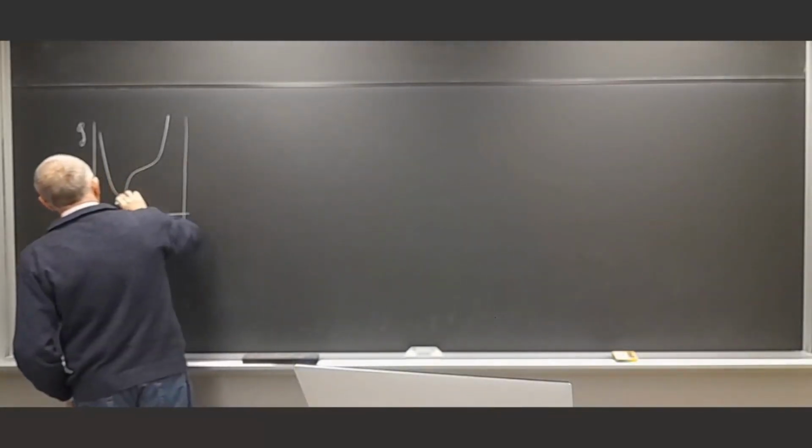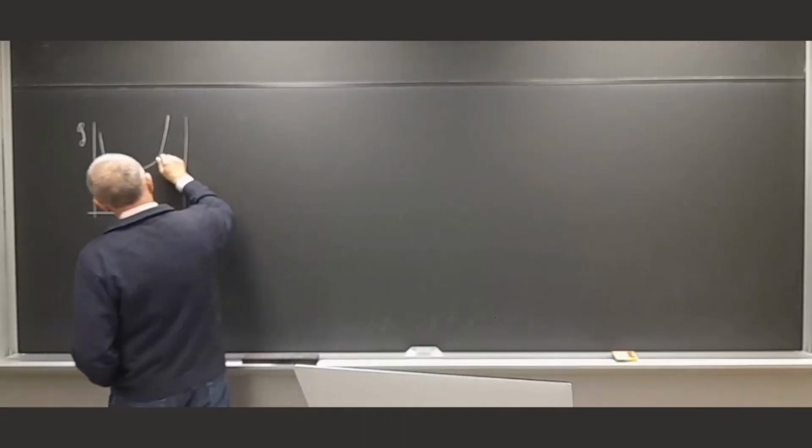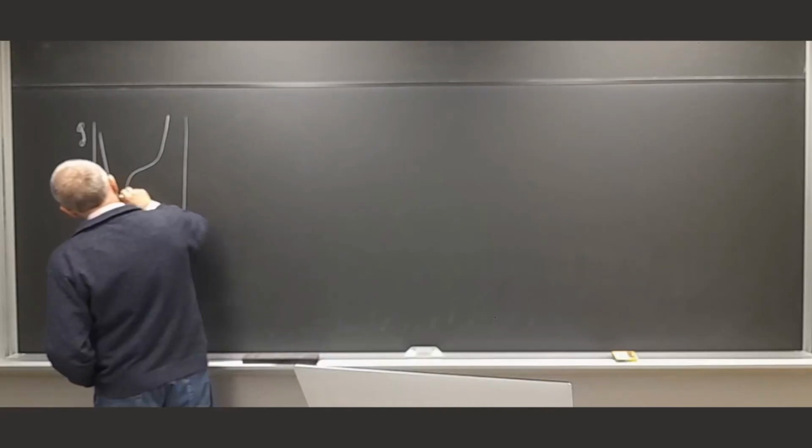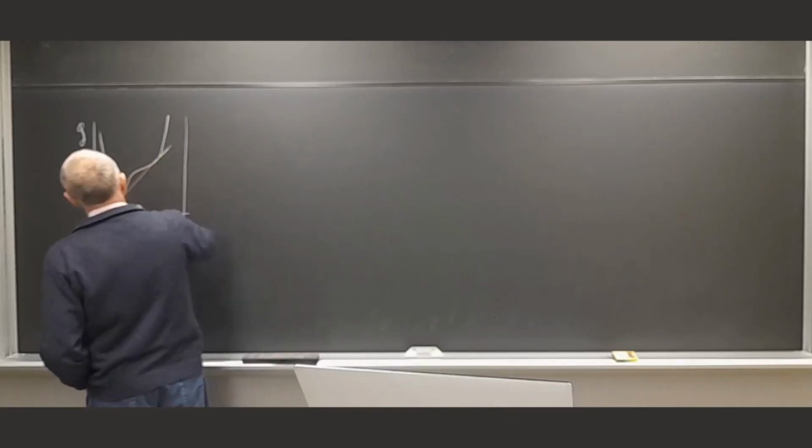And we will see that the condition for mutual equilibrium, the first one, this one, says that if you find a line which is tangent both here and there, okay, almost.